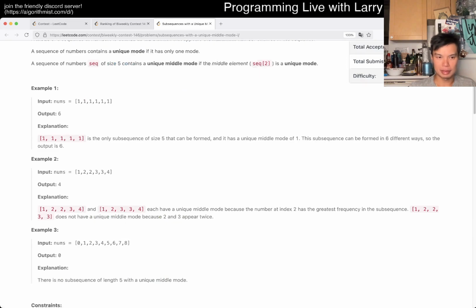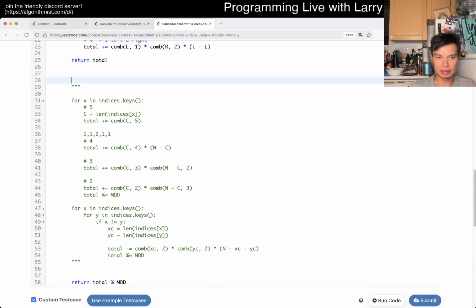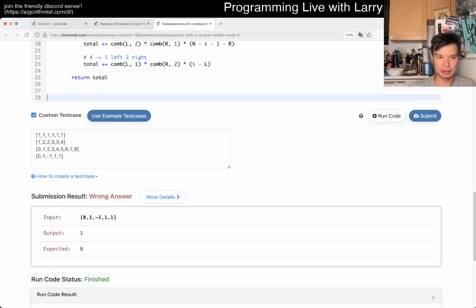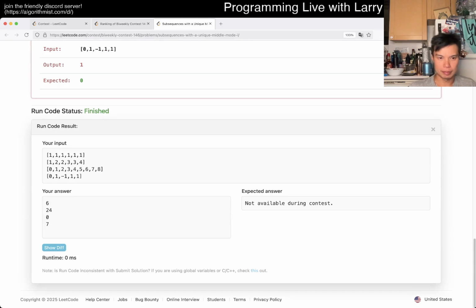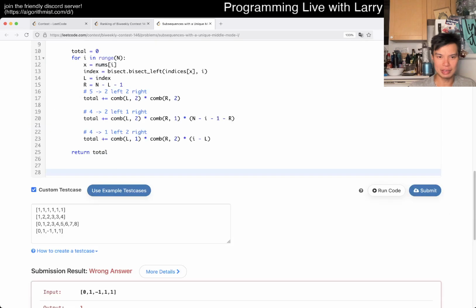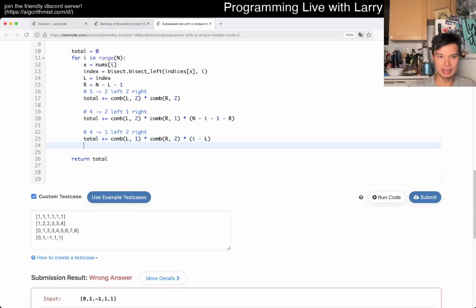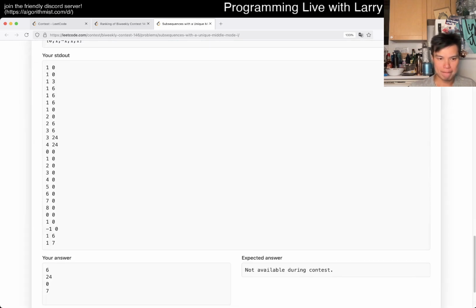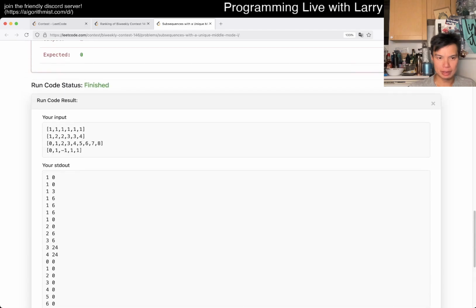I mean, these are going to give me crazy numbers, but that's fine. Well, it submitted this, it's fine, whatever. This should be 0, but this gives me 7, which is actually not great. Why does this give me 7? 1 is 6.